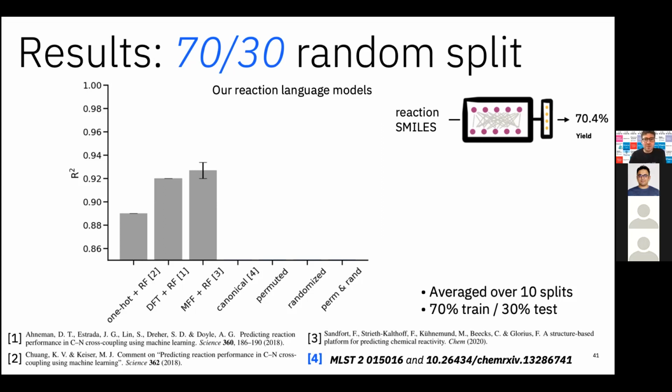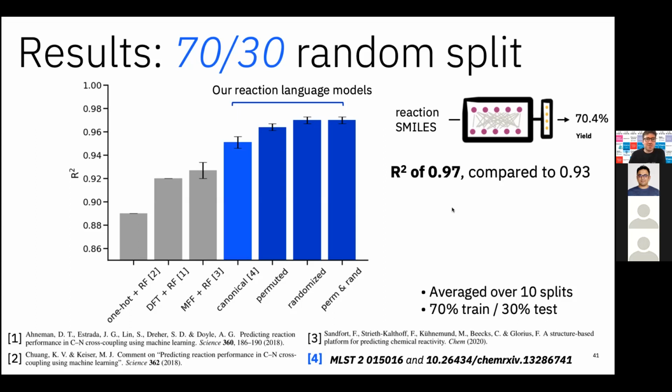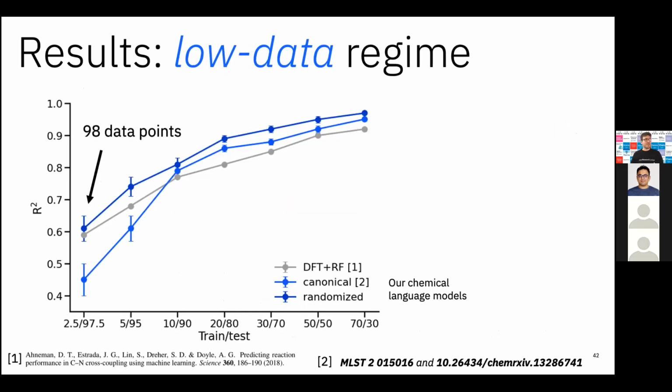And we were positively surprised to see that our models were able to learn to predict reaction yields in this dataset remarkably well just by seeing the SMILES. The other thing that we explored is the low data regime, because usually when you imagine such a large neural network model, you think it's so data hungry and it will never perform well with fewer data points.